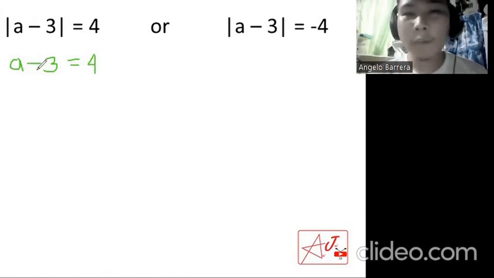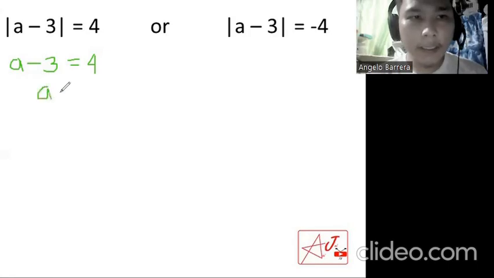So now, natanggal ang absolute value, madali na nating matatanggal yan by means of transposition or the addition property of equality or subtraction property of equality, kung saan kukunin na natin ang opposite sign nito para maiwan natin si a dito. So that will be a is equal to 4. So since ito ay negative, magiging positive siya, plus 3. And then the value of a here is equal to 7.